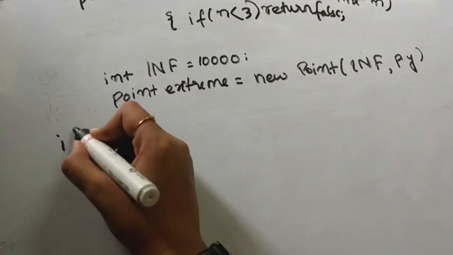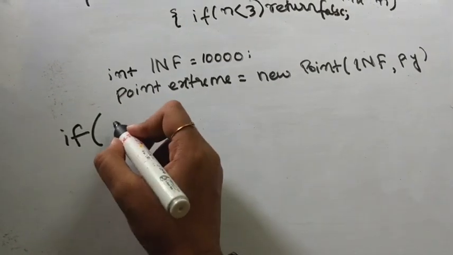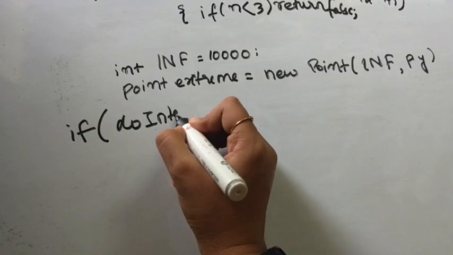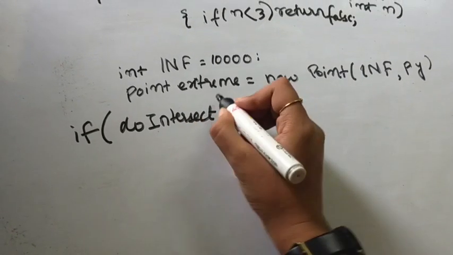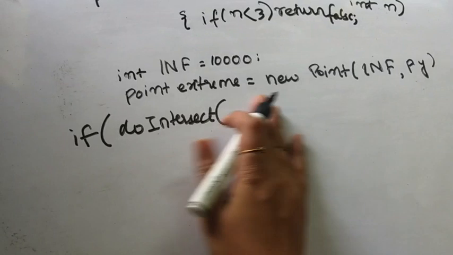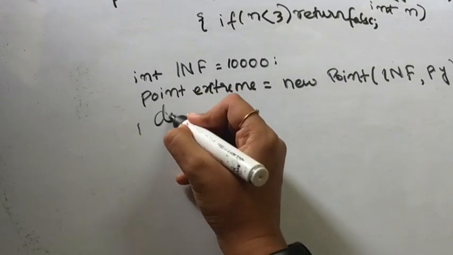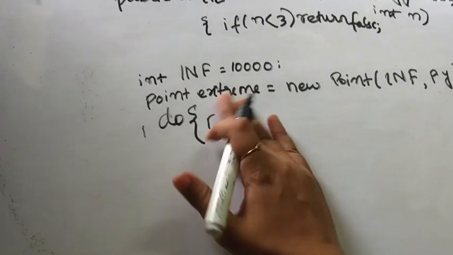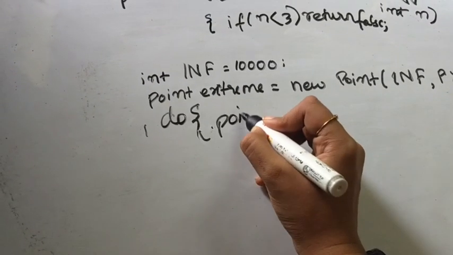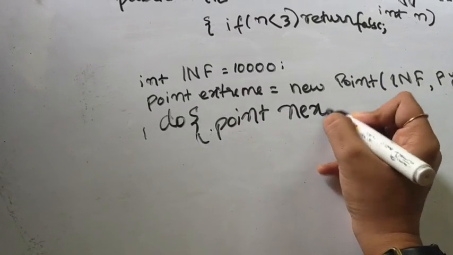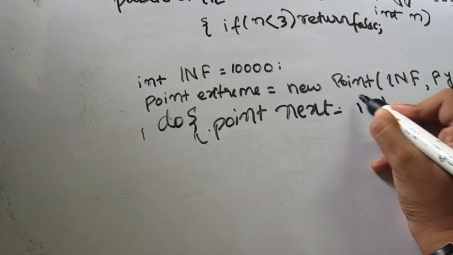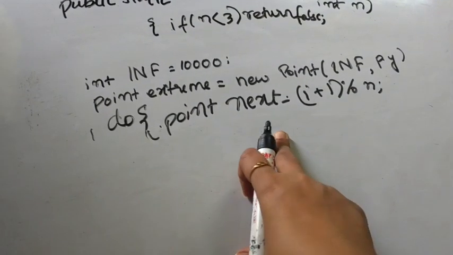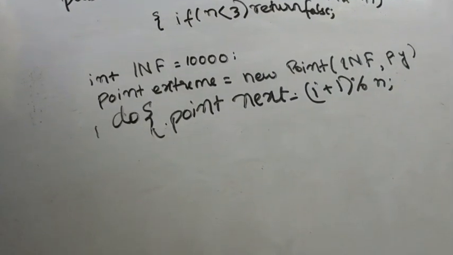So my first step is a test condition, that if doIntersect, and no, first of all we have to start a loop, and this is a do while loop, and let us say that my next point is going to be I plus 1 modulo n, so that I get one point I and the next point after I of the polygon.